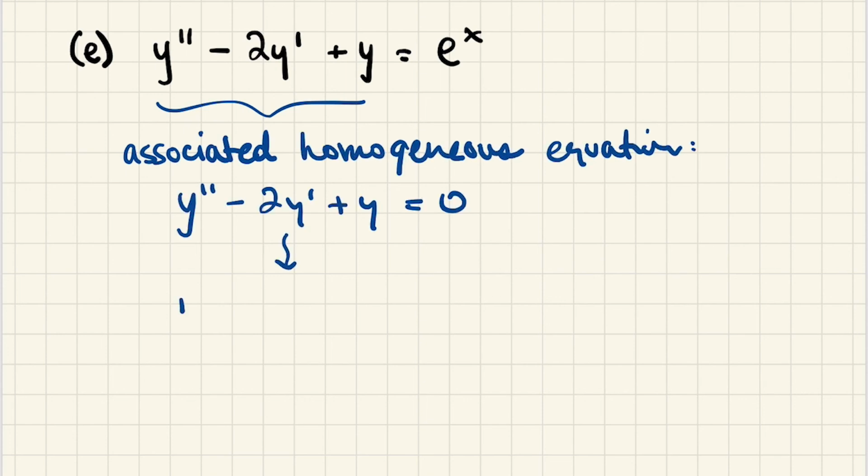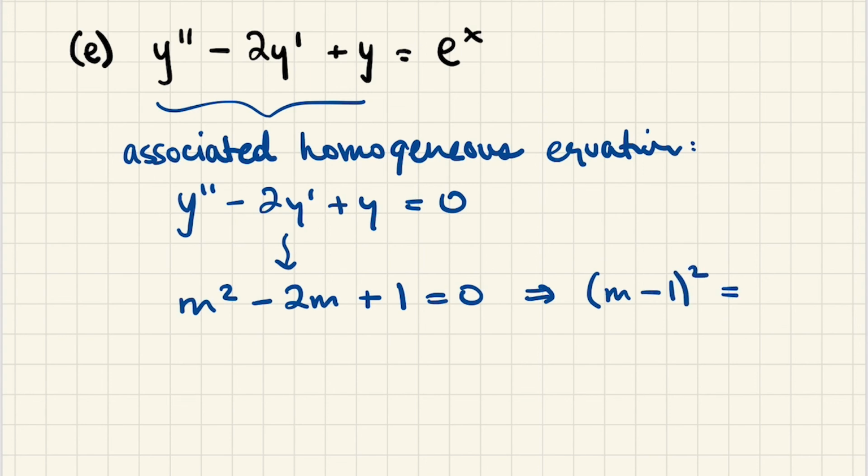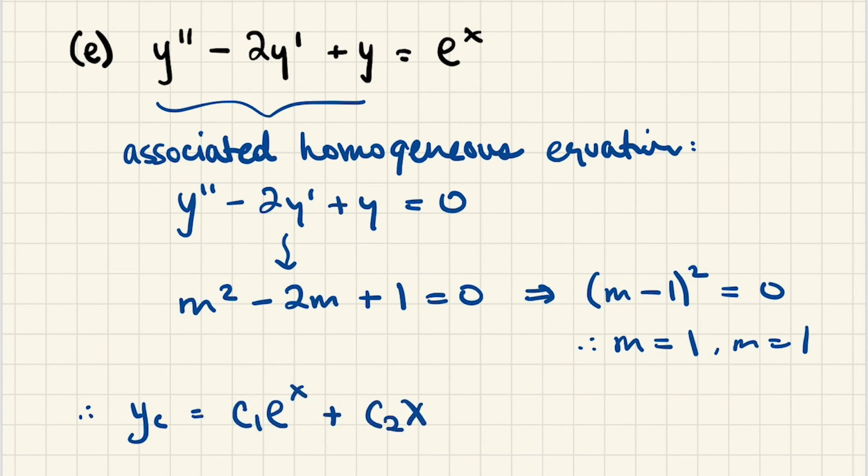So the auxiliary equation here is m squared minus 2m plus 1 equals 0, which is, of course, m minus 1 squared, giving us m is equal to 1 twice. So that means that the complementary solution is c1 e to the x plus c2 x e to the x.